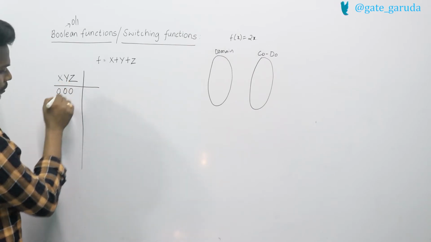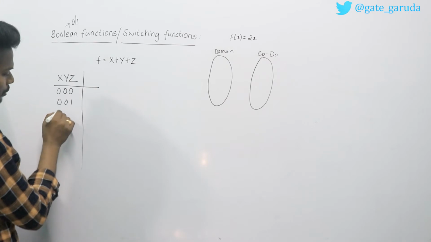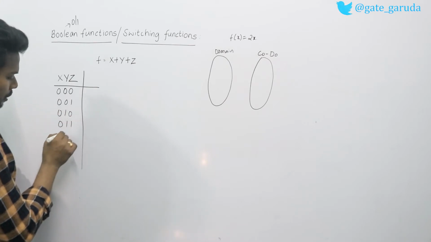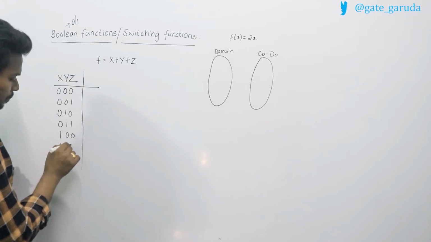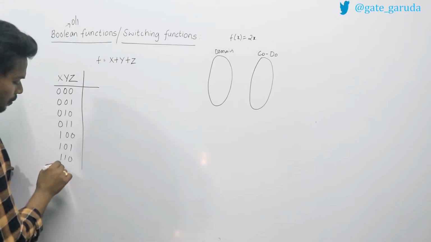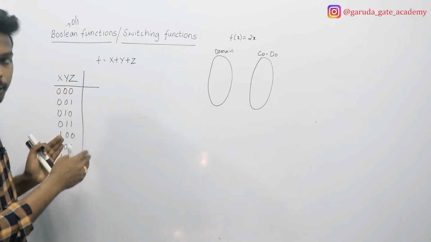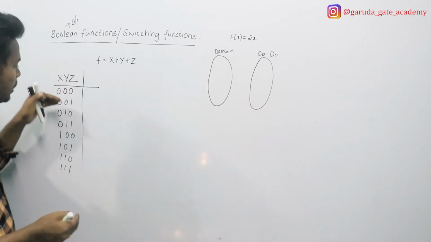0 0 0, 0 0 1, 0 1 0, 0 1 1, 1 0 0, 1 0 1, 1 1 0, 1 1 1. See, these are not serial numbers, these are the possible ways of occurrences of input.